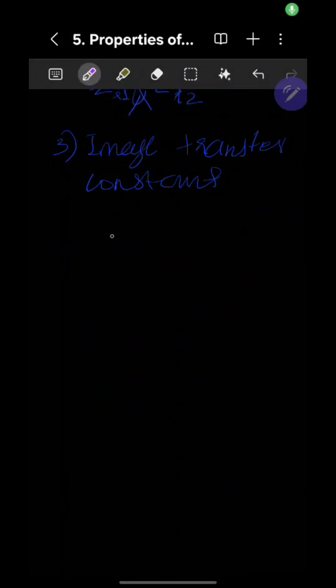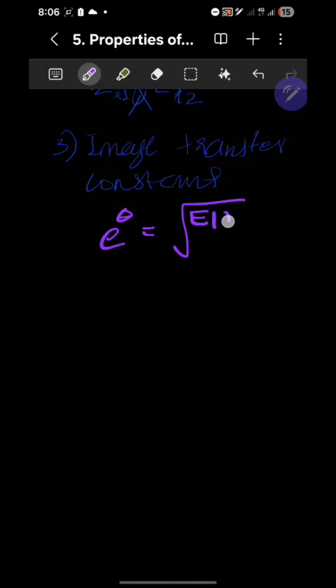The transfer constant is defined as e raised to theta equal to square root of E1 I1 divided by E2 I2. Here E1 is the voltage at the first terminal, I1 is the current at the first terminal.